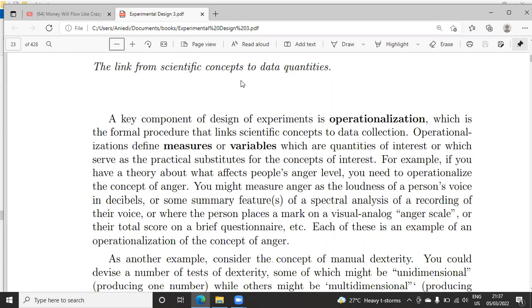A key component of design of experiments is operationalization, which is the formal procedure that links scientific concepts to data collection. Operationalizations define measures or variables which are quantities of interest or which serve as practical substitutes for the concept of interest.